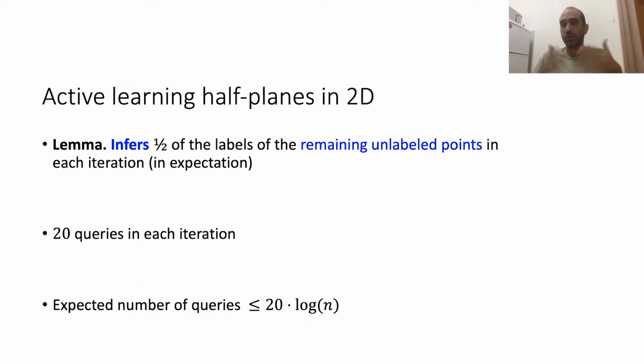In each iteration, we use 20 queries, right? 10 label queries plus less than 10 comparison queries. So the expected number of queries is at most 20 log n. Okay, does it make sense? Good.